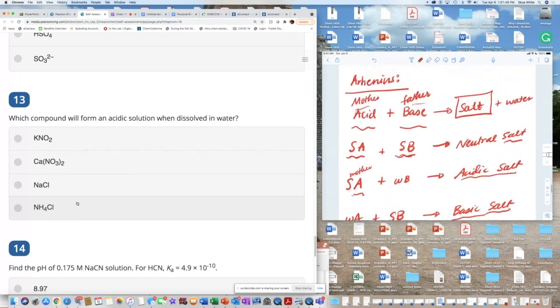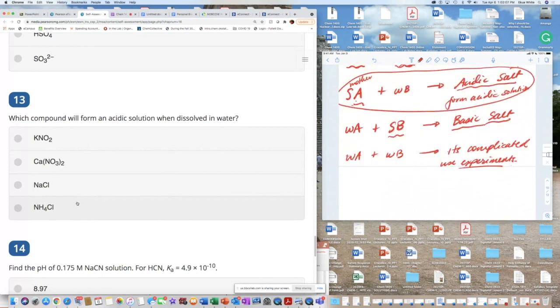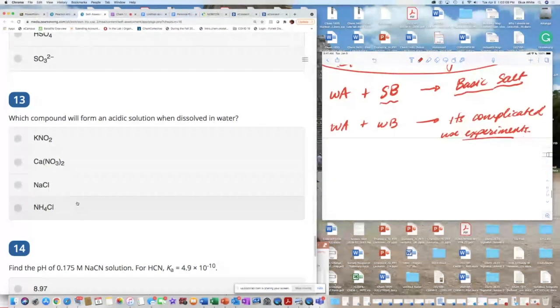They want us to find out which one formed an acidic solution. So they want us to find this situation here where the acidic salt will form an acidic solution. So we have to identify the parents, right? Okay. Now going back to the parents. Let's see.